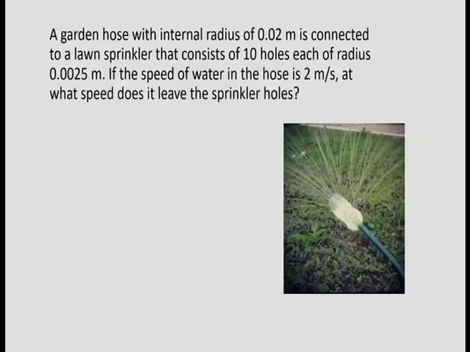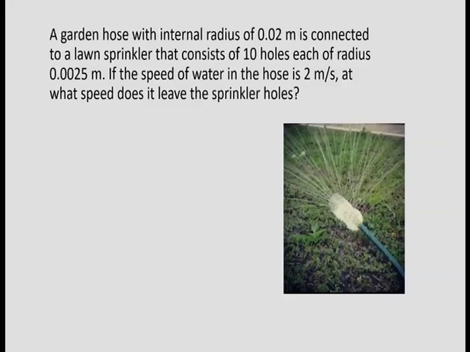Now let's put this in a practical situation. See here, you can actually make your own water sprinkler in your garden. You can do that now. You can see there is a water hose, the main pipe, and it is connected to a bottle with lots of holes.